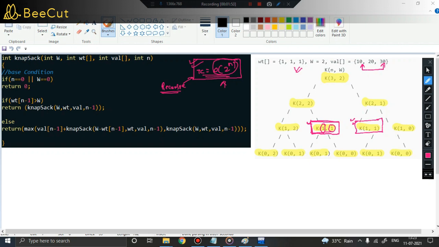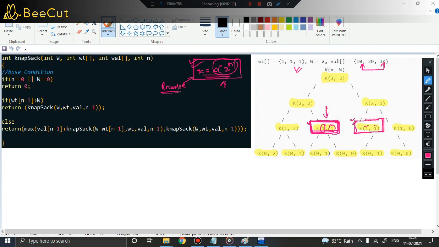What is the problem with this? If I calculate it for the first time, I know what the value of this will be. I know the value corresponding to this particular thing. But again I'll be making the recursive call on the same function, K11, with the same parameters.